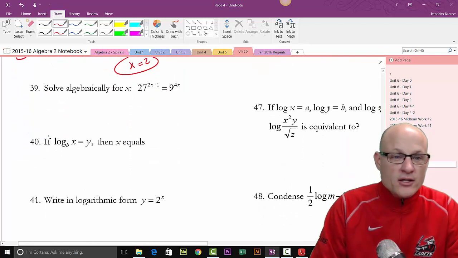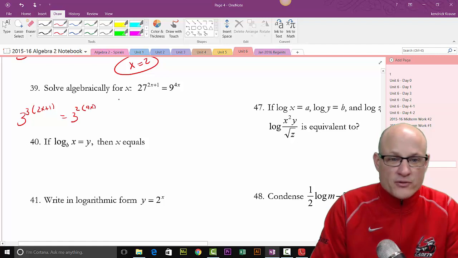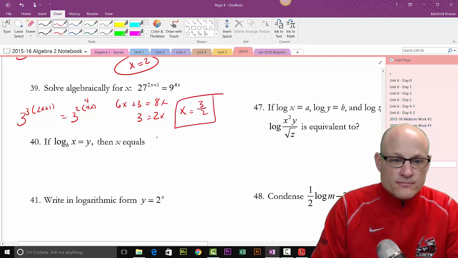Keep going. 3 cubed times 2x plus 1 is equal to 3 squared times 4x. So 6x plus 3 is equal to 8x. Remember, this is a 4. So 3 is equal to 2x, or x is equal to 3 over 2.